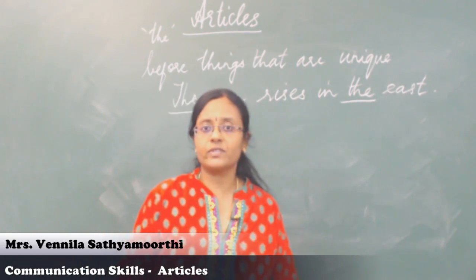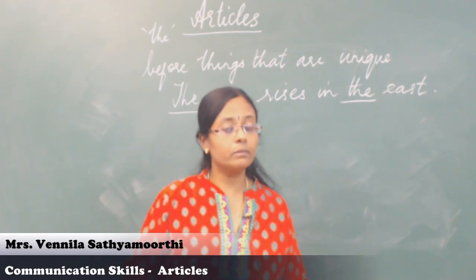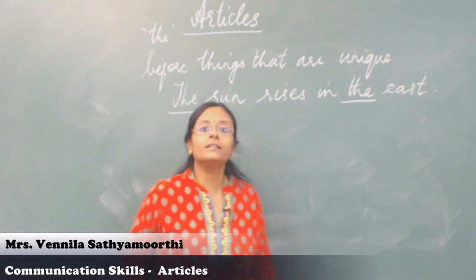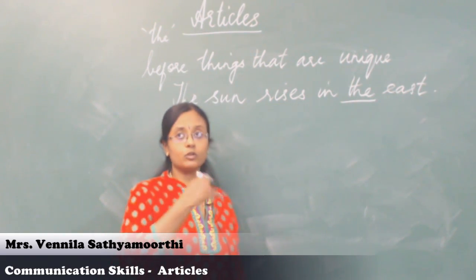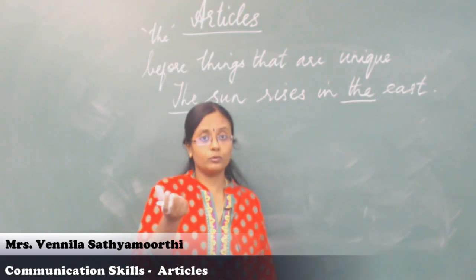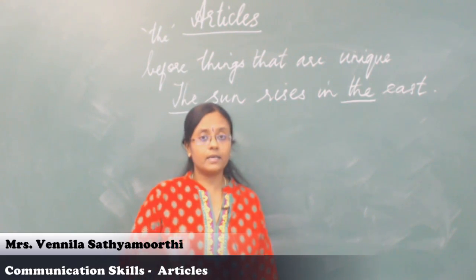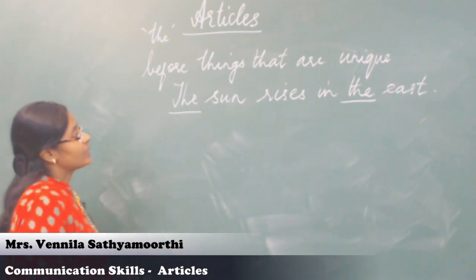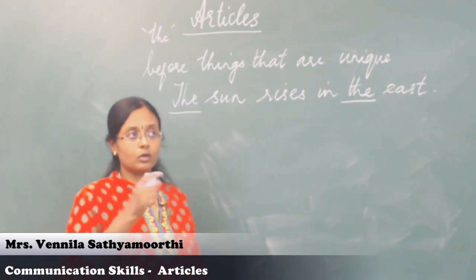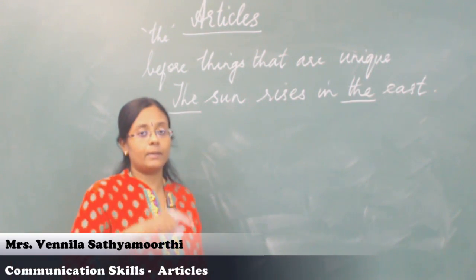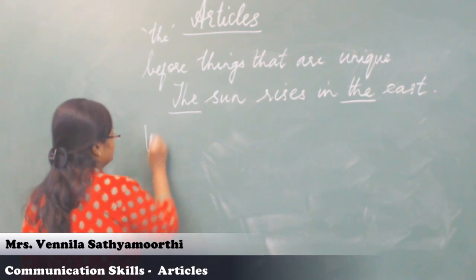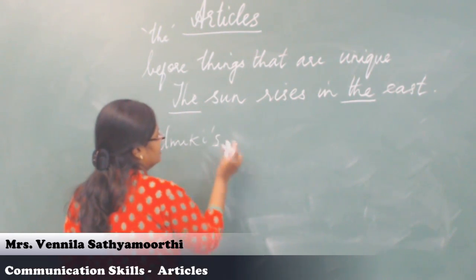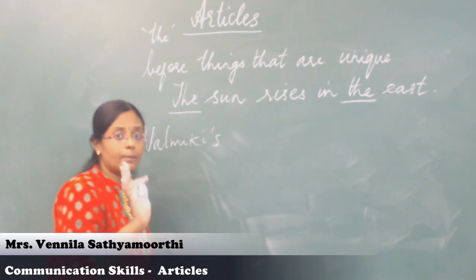And then before names of certain books, the Bible, the Bhagavad Gita, the Quran, the Ramayana, the Mahabharata. So you should not say the names of those books without the article the. There it's a must, okay? But at the same time, if you are going to talk about the Ramayana as Valmiki's, here we should not say Valmiki's the Ramayana.